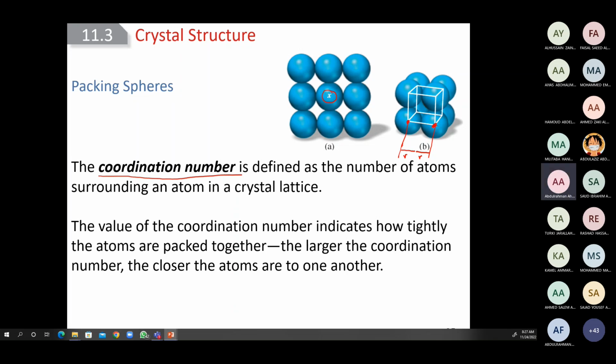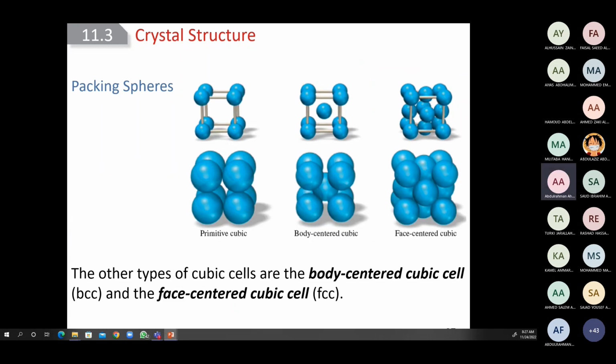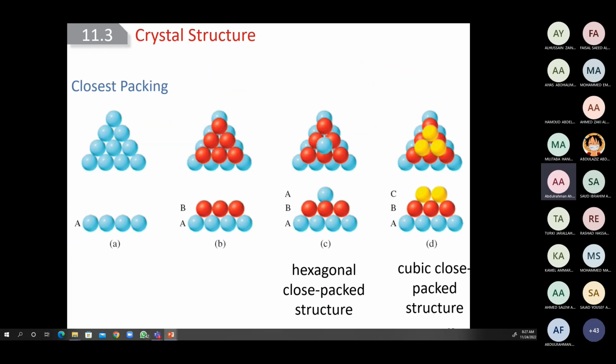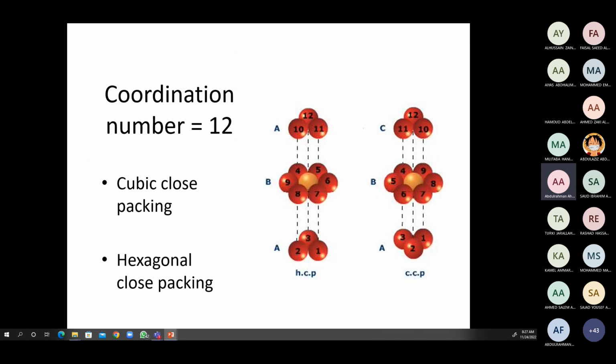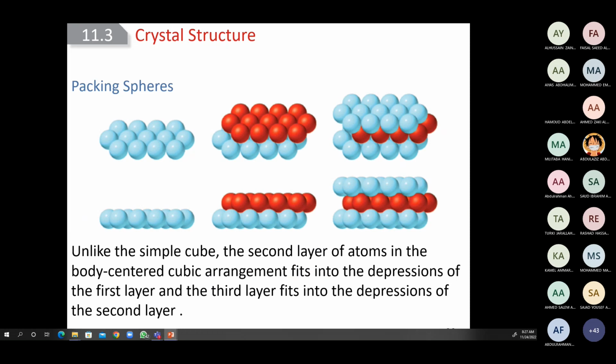Clear? Now, if you have layers of atoms and put them together, what's the coordination number for the yellow atom? If you put this one above it and this one below it, what will be the coordination number? 12. And how about this time? Also 12. So the coordination number is 12.